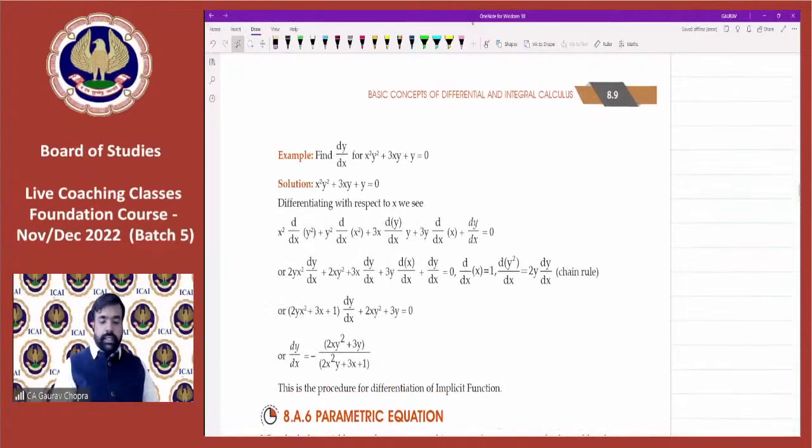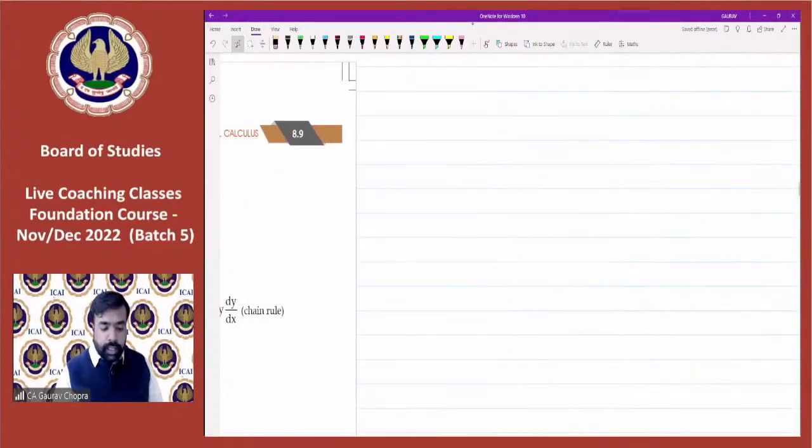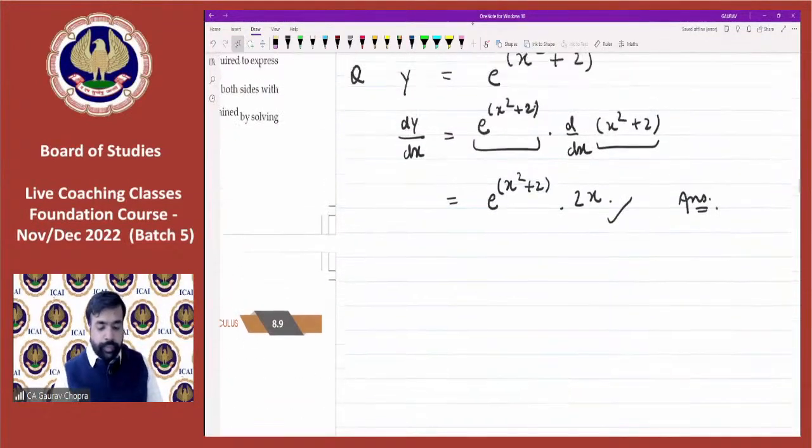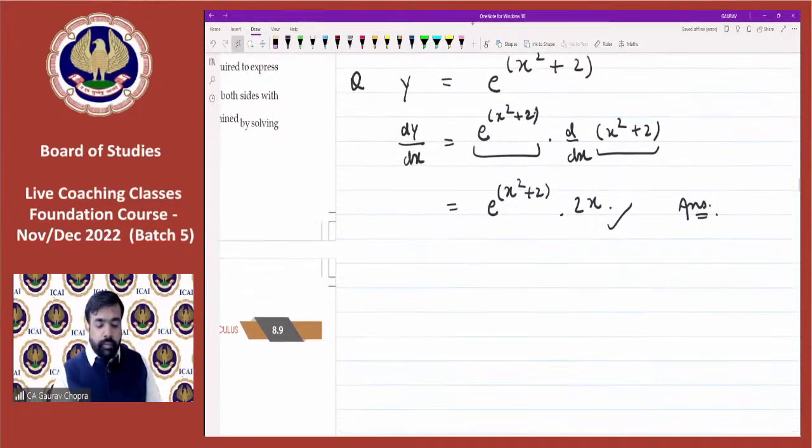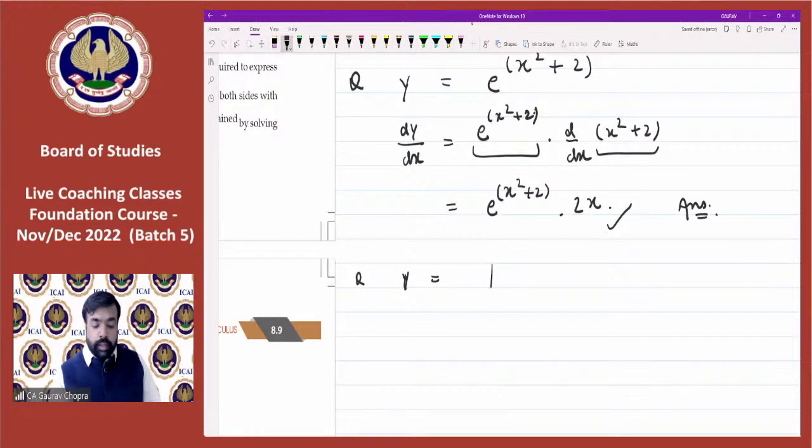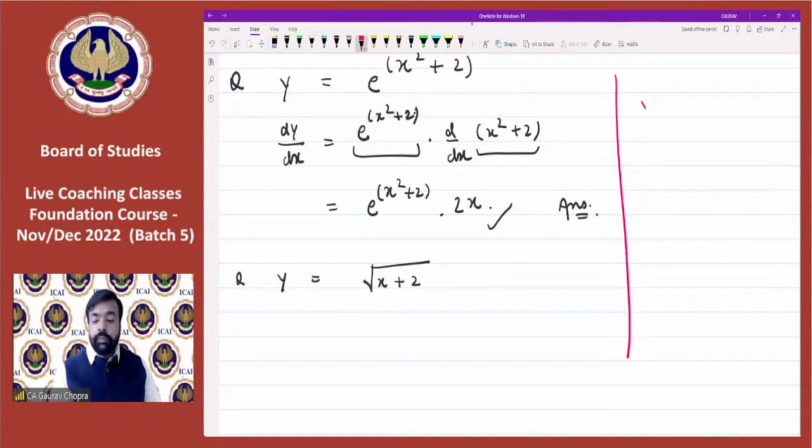In the example, there are this many questions only, but let's take some more. Y is equal to root of x plus 2. If the question was, let's say, simply y is equal to root of x, now this root can be written as power half.